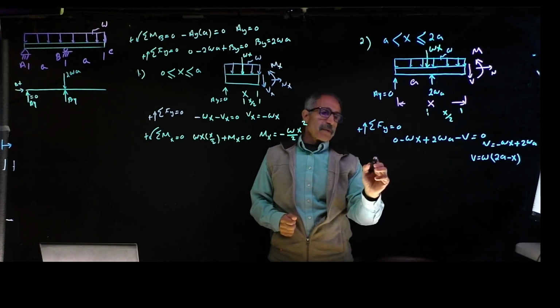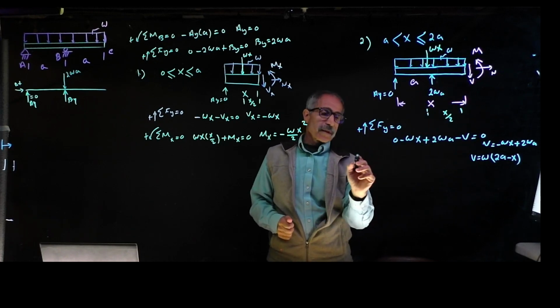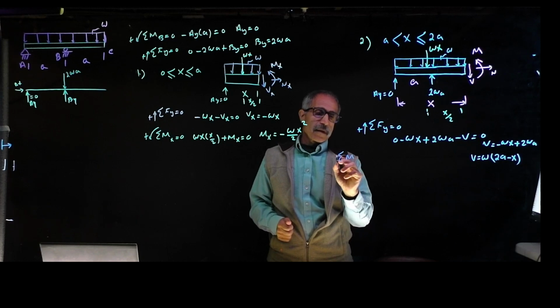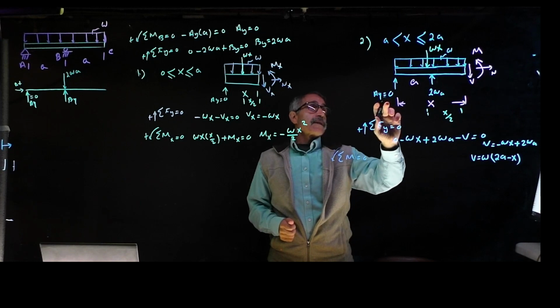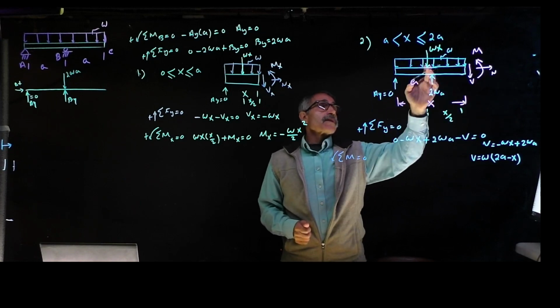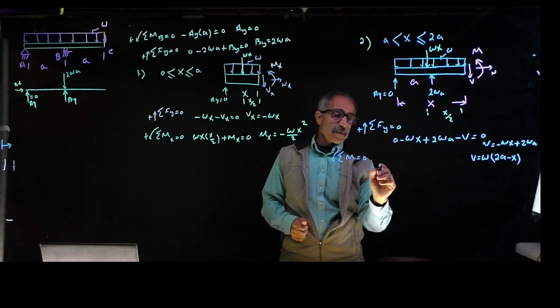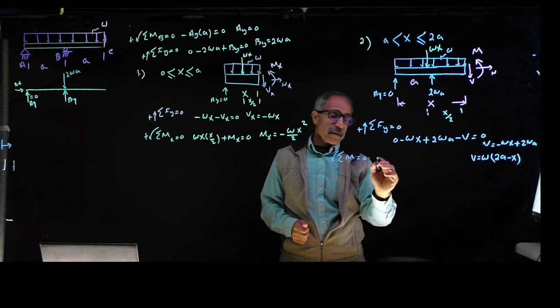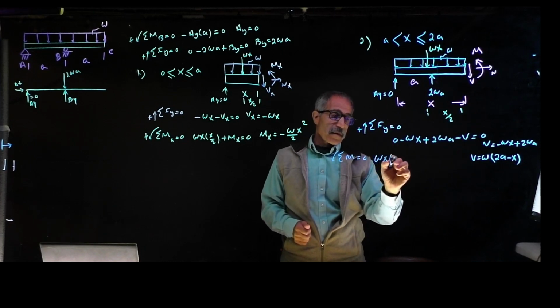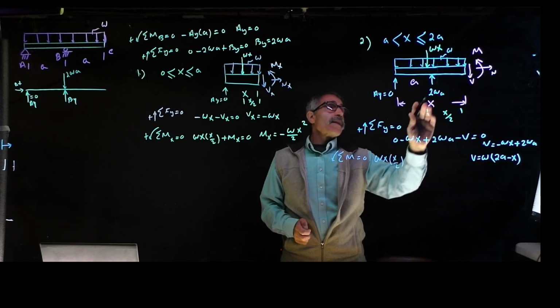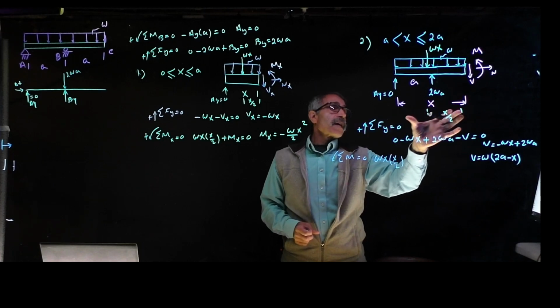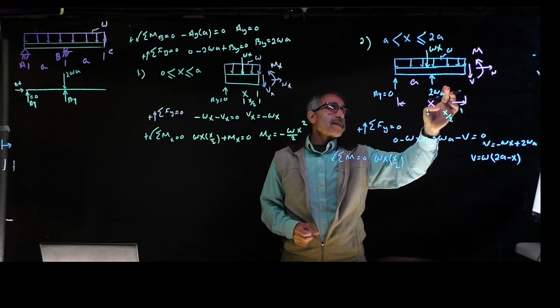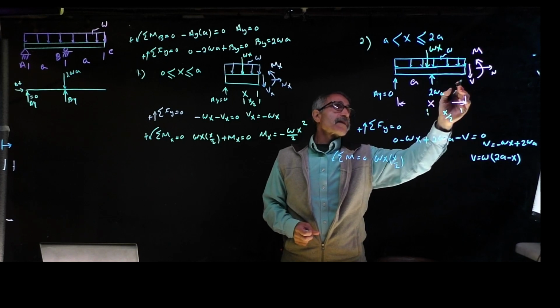The next thing we want to do is a summation of moments about this point, equal to 0, so I'm going to have nothing here. That's going to be 0 times whatever. Then the next one is wx times x divided by 2, and that's going to be positive. And this distance is, if this is an x and that's an a, x minus a.